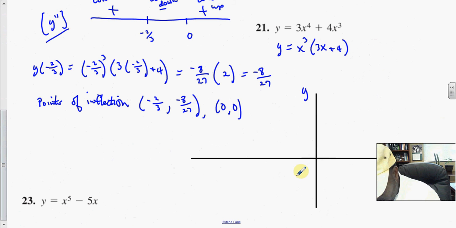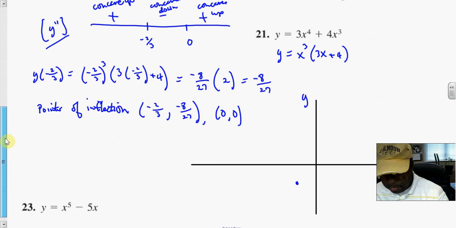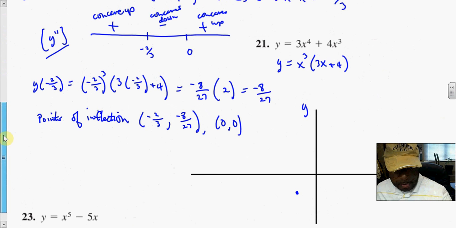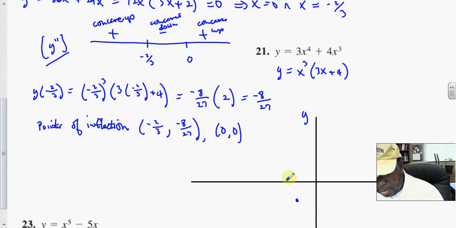Make it bigger. So this was our minimum. And let's see how this graph is doing. Anything less than -2/3 is concaving upward. Then it gets to -2/3, and then it shifts there, and then it starts to concave downward. Then we have a point of inflection at 0. So it does a little wiggle there.